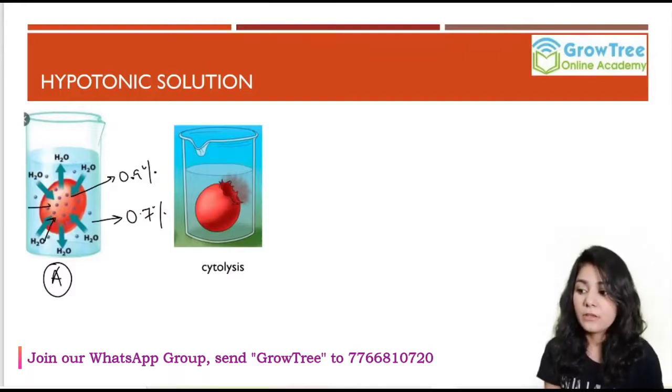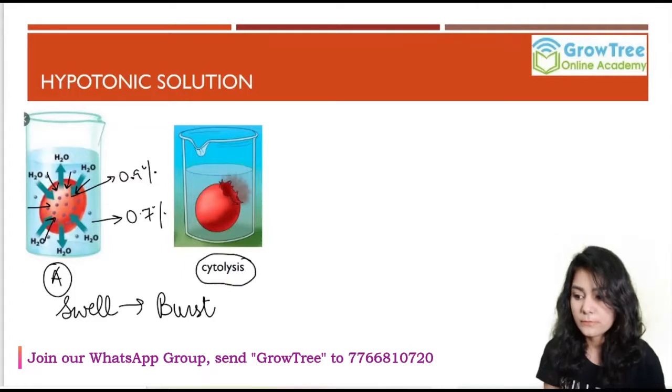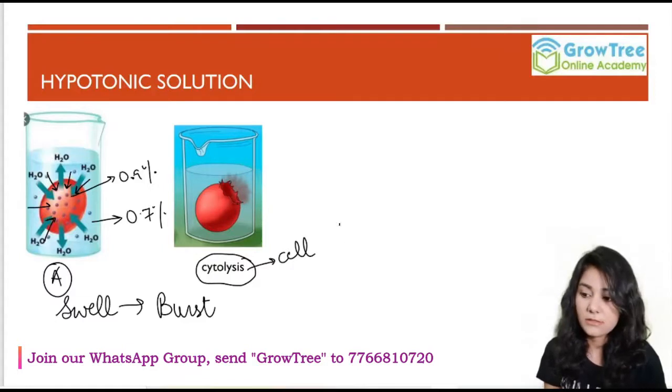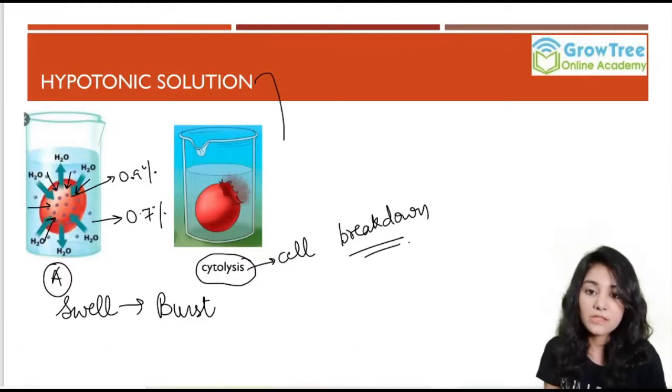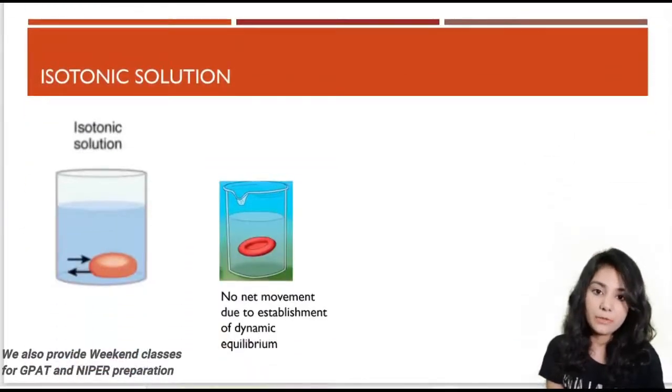So water will move inside the cell, and as a result the cell will swell and eventually burst, and this condition is called cytolysis. Cyto means cell and lysis means breakdown. So if RBCs are placed in a hypotonic solution, a condition called cytolysis will happen.